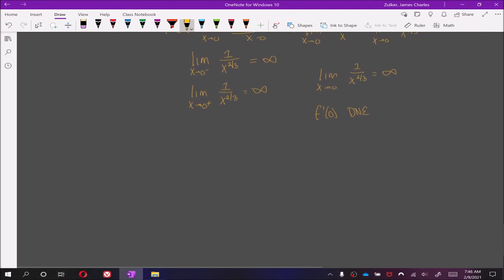Now, if we look at what a cube root looks like, the cube root is going to do something like this.